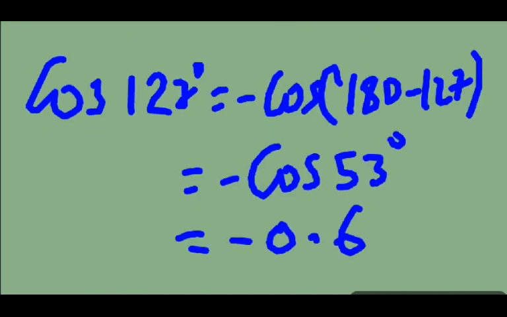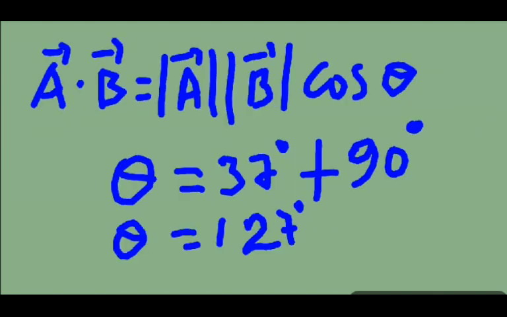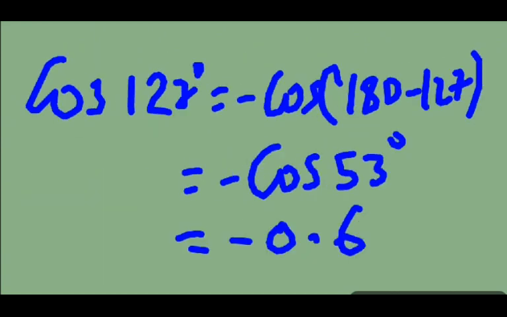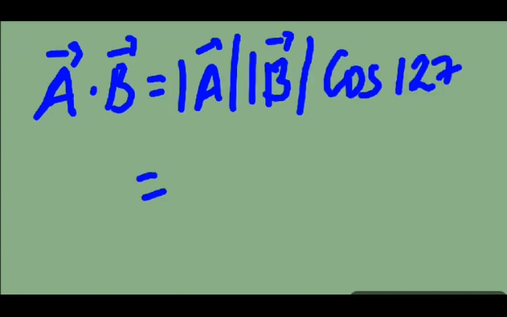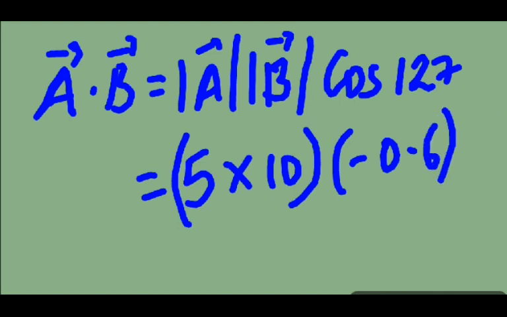We have the magnitude of A, 5, times 10, times minus 0.6, which is equal to minus 30.